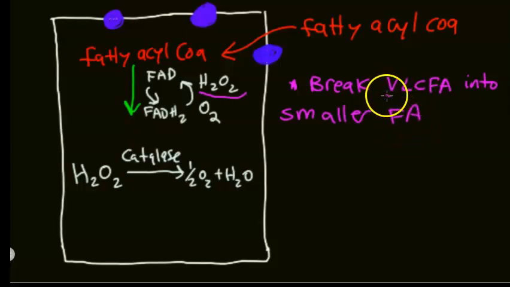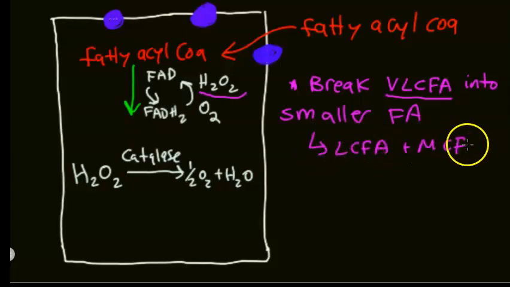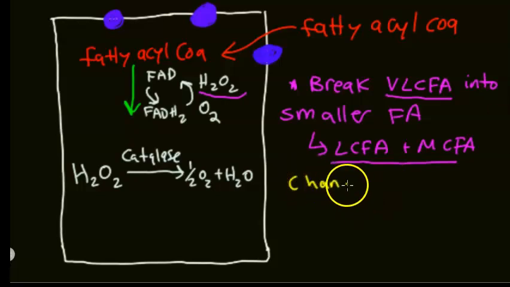So they convert very large chain fatty acids into long chain fatty acids plus medium chain fatty acids. The very long chain fatty acids, think like 26 carbons, huge, and then they turn it into smaller ones, and these long and medium chain fatty acids can be handled by the mitochondria.